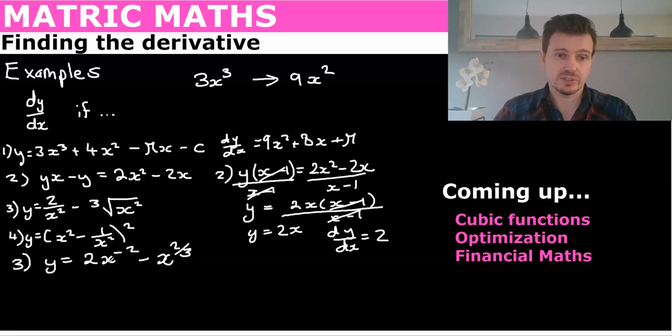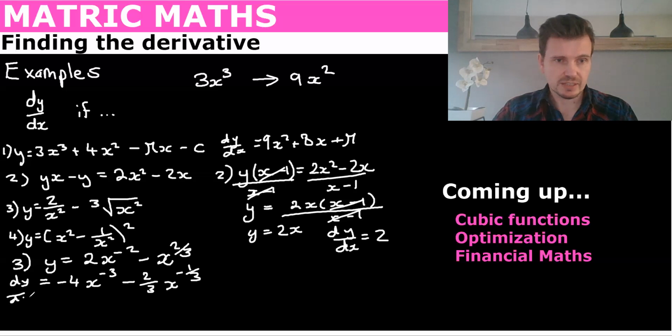Now that we've got it into this format, we simply use that power rule. Minus 2 times 2 is minus 4. x to the minus 2 minus 1, minus 3. 2/3 times 1 is 2/3, and when I take 1 off 2/3, I get minus 1/3. Not quite finished yet. So this now I say dy over dx.